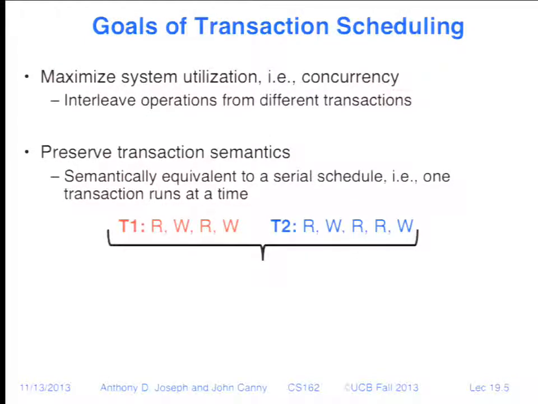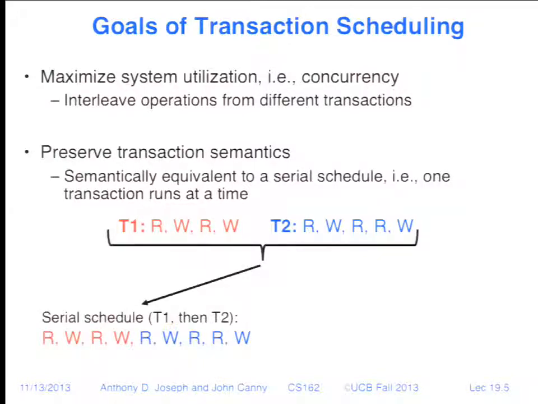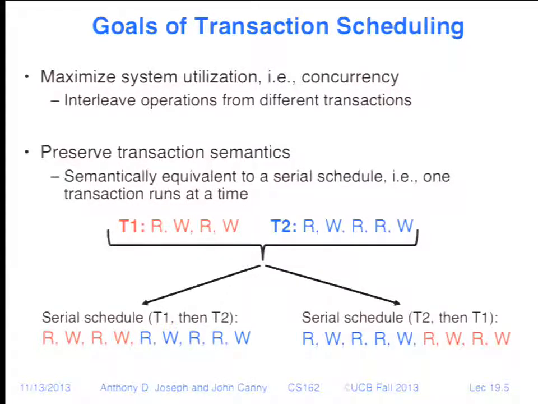As we discussed last time, here are two transactions that you want to execute. A serial schedule simply puts one before the other, and both orderings will give you consistent results because the transactions give you consistency.